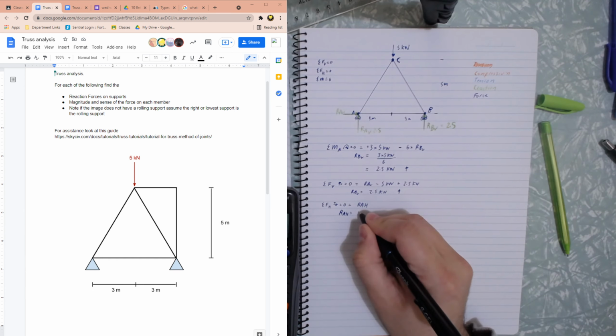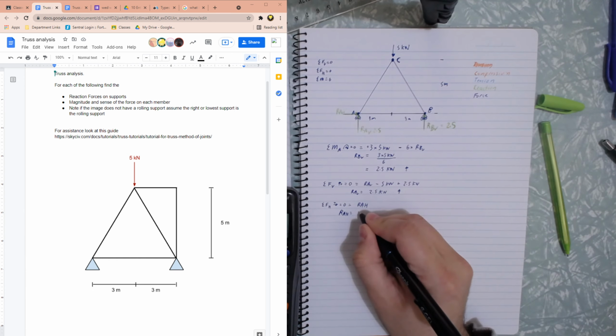So when we solve these questions, we are going to assume whether a member is in tension or compression. And just like with our previous part with the reactions, if we are incorrect, we just have to reverse our assumption. So let's say over here, this is going up, this is 2.5.